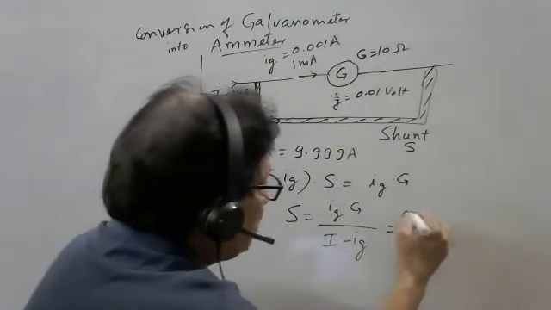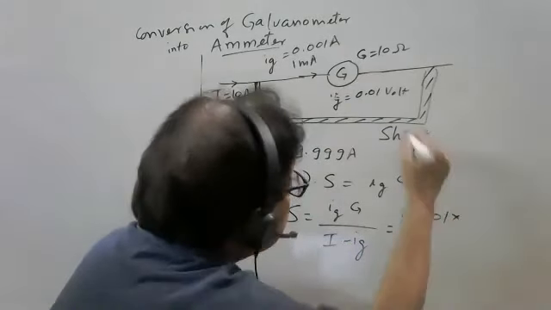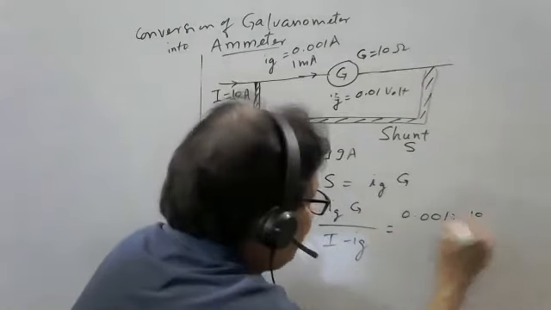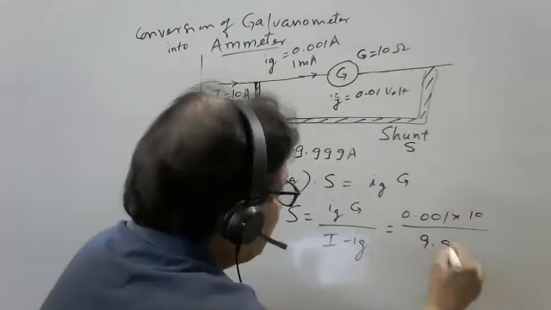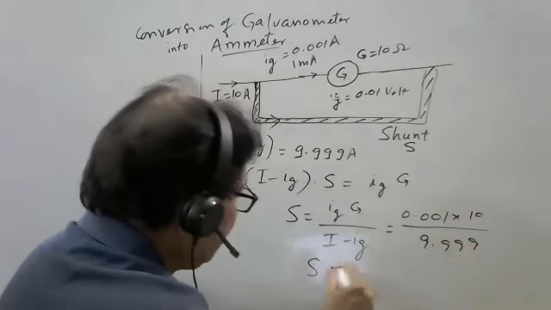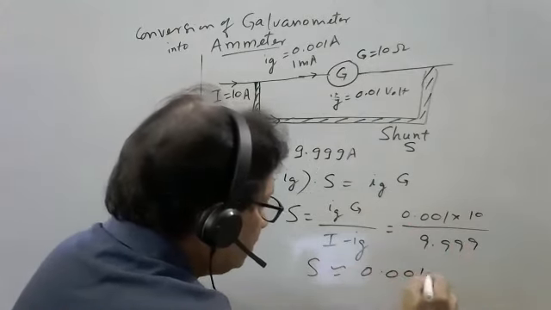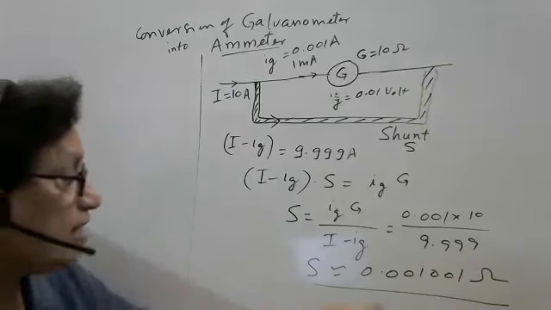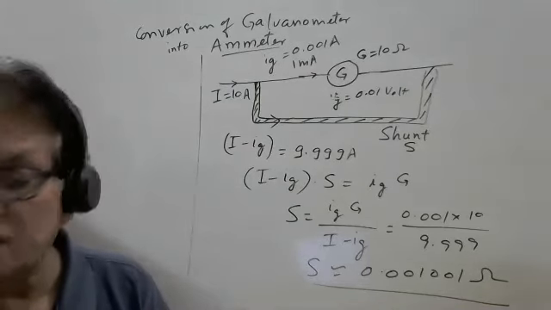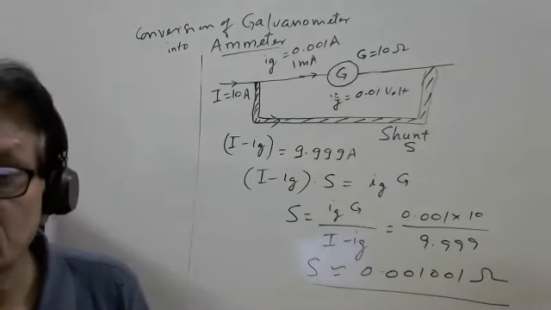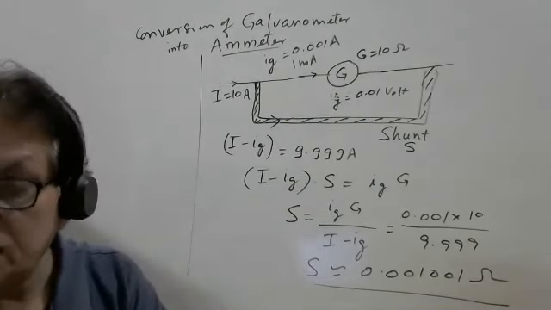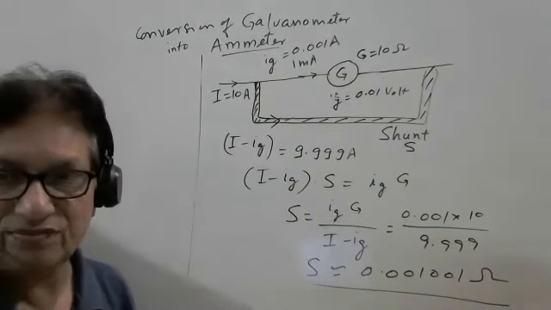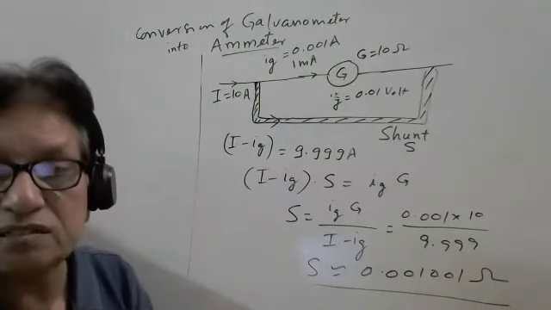Ig is 0.001, G is 10, upon I minus Ig, 9.999. It is roughly 0.001001 ohm. It is a very, very small resistance, so it means it is a very thick wire. Got it now? So this accuracy must not be lost.